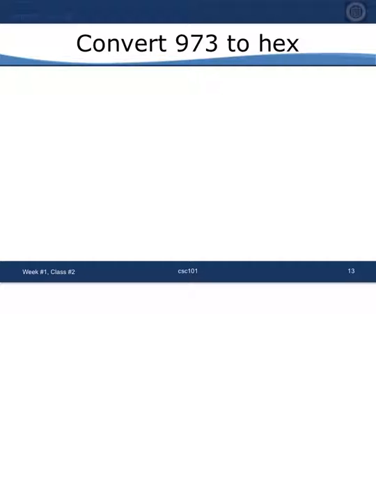Remember our strategy before with binary. If you've got a base 10 number like 973 and you want to convert to binary, we drew out blanks and saw when we go past this number, because I know I won't need any more digits than that. So if I'm going to do this for hex, I'm going to write out my hex place values: 1, 16, 256.